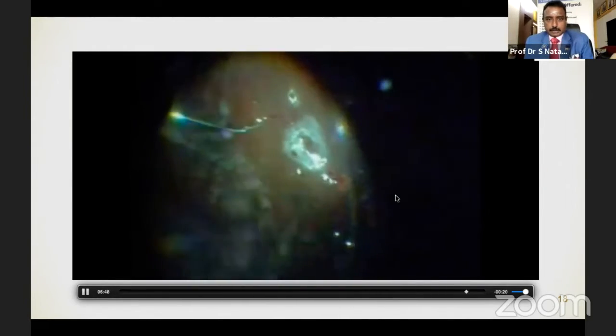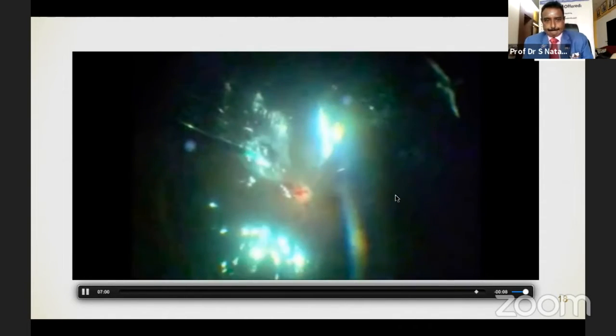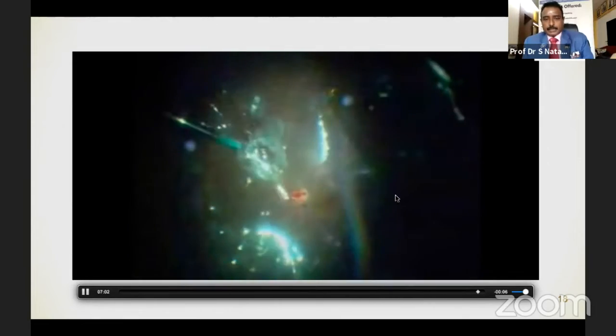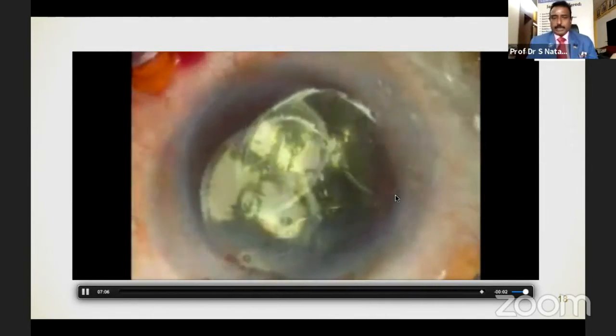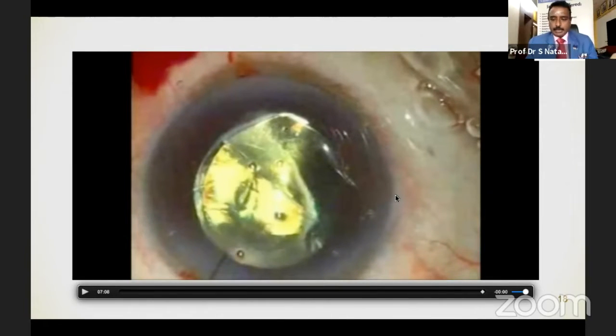I'm completing the endolaser, and then finally removing the PFCL which is there. This is again at the completion of pan-retinal photocoagulation. I think in this eye I didn't use oil. We left the eye with air and pseudophakic at the end.